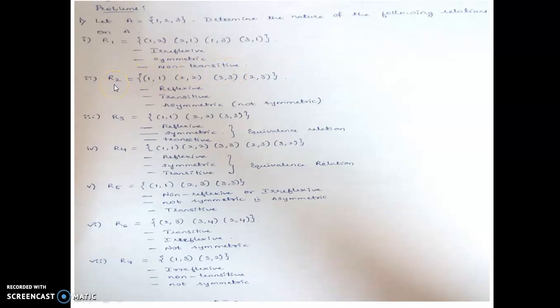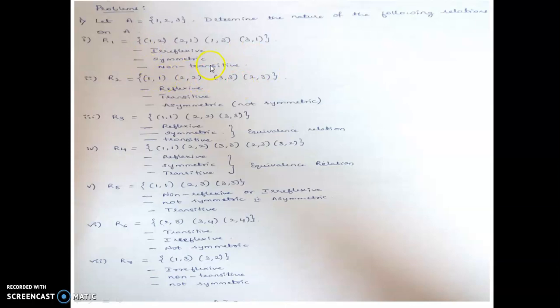If you see the second one, R2: (1,1), (2,2), (3,3), (2,3). Definitely it is reflexive because all the diagonal elements are present here: (1,1), (2,2), (3,3). For transitive, take (1,1), and (2,2), (2,3); (2,3) is present.